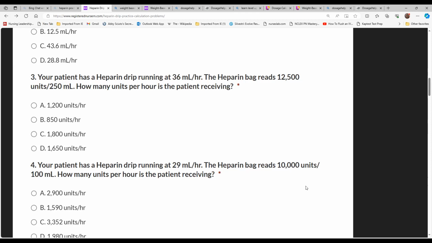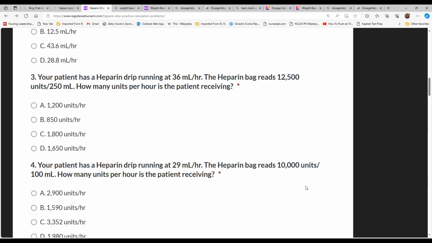You have to be able to see that in the problem. So if your desired dose is in micrograms and you have milligrams on hand, convert. If your time is in minutes and it's asking you for hours, you need to convert. If your time is in hours and it's asking you for minutes, you have to convert.